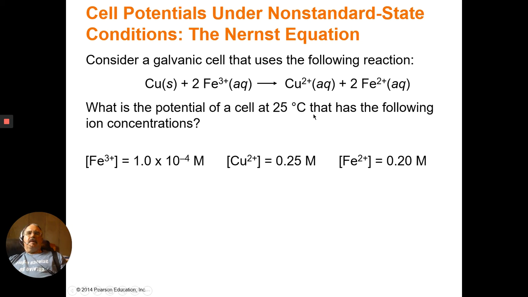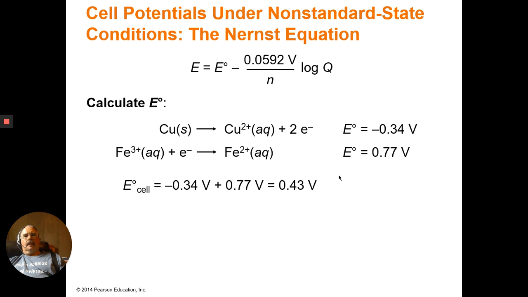Okay, so what is the cell potential at 25 degrees under the following conditions? Okay, so let's first calculate Q using these conditions that are given. Okay, and then we'll calculate the standard cell potential, which is 0.43 from values in the chart.